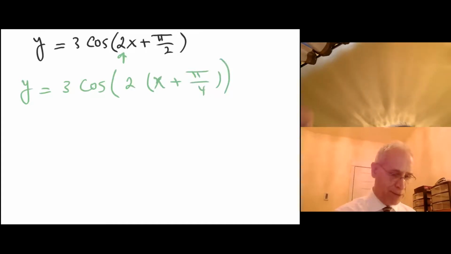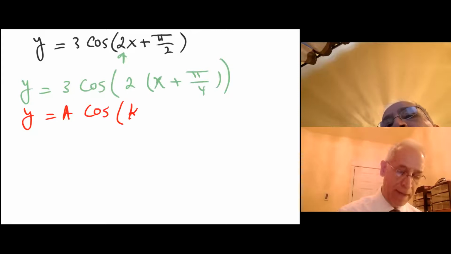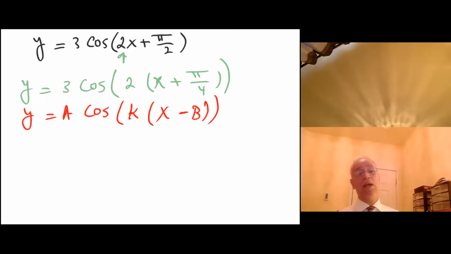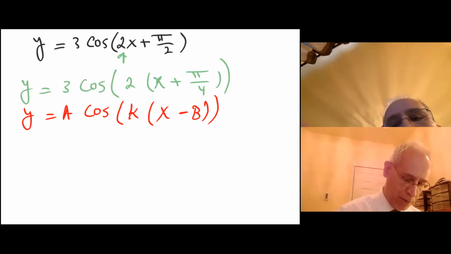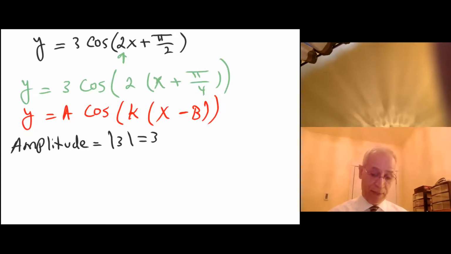This format is known as y equals a cosine of k times (x minus b). If you use this format, it doesn't make any difference for the amplitude. Amplitude equals the absolute value of 3, which equals 3.